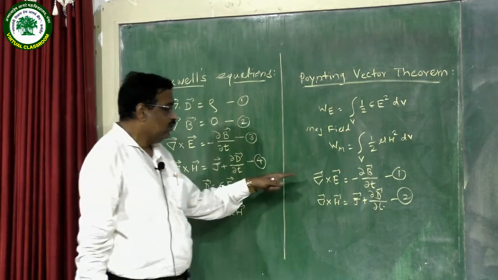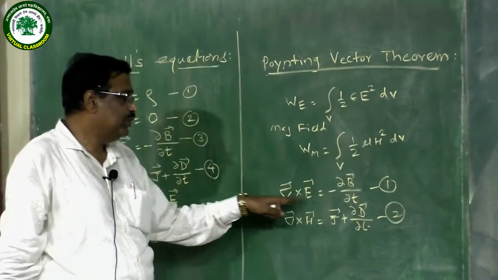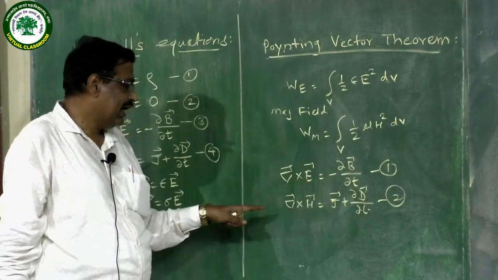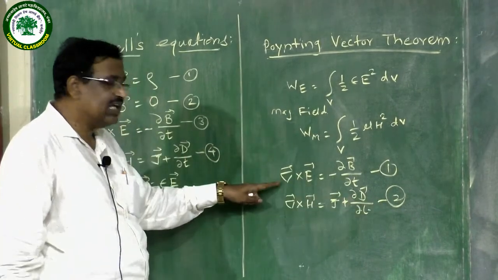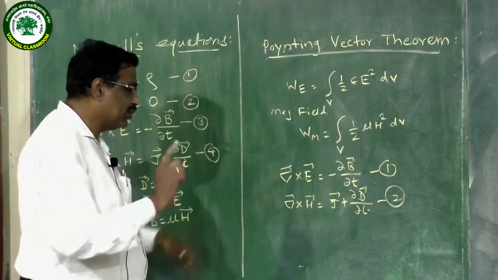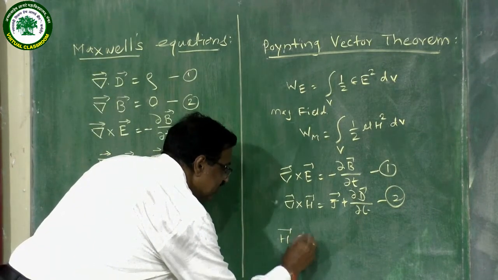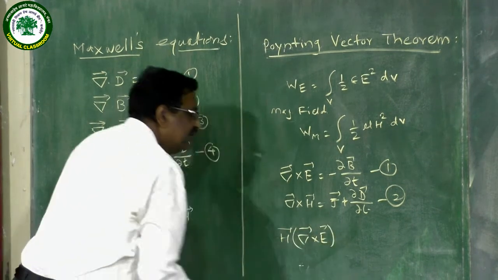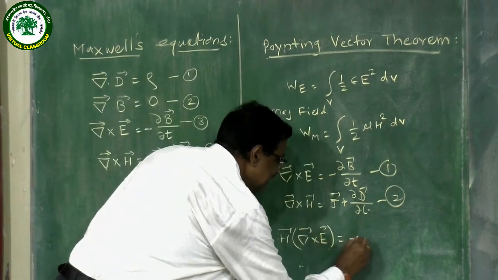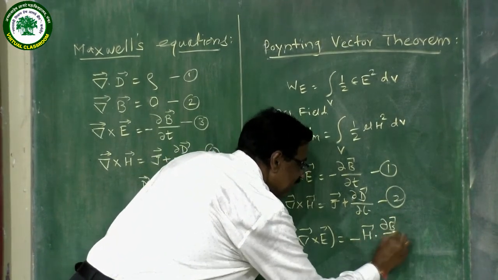By using these two equations we obtain an expression for electromagnetic energy. Take the dot product of vector H with the first equation and the dot product of vector E with the second equation. So H dot curl of vector E is equal to minus H dot delta B upon delta t.